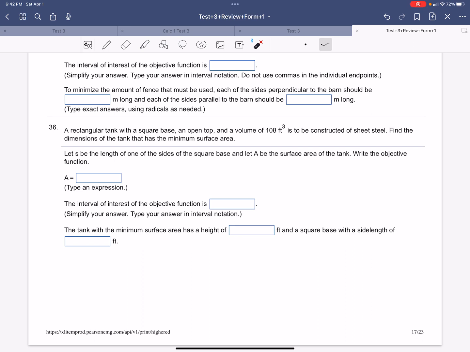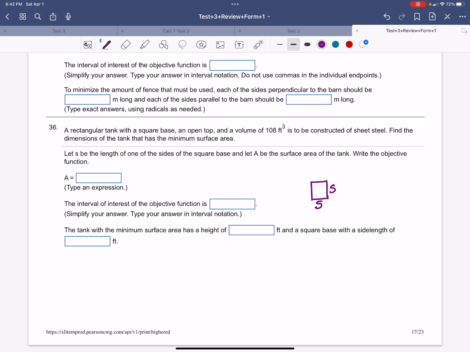So let's think about it. Our rectangular tank is going to have a bottom, and it's telling us that the bottom of this is a square. So that means this length and this length are exactly the same. Then our tank is going to have a height to it.